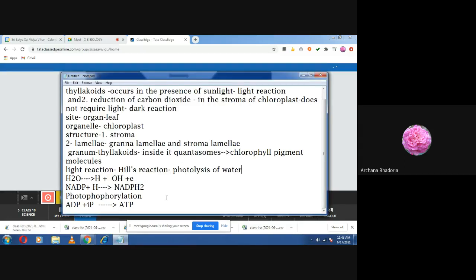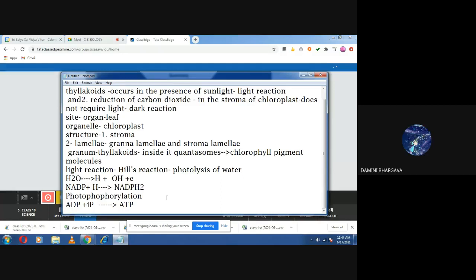So who will summarize the light reaction? Just in 1 minute. I mean, what is this NADP? NADP is nicotinamide adenine diphosphate.